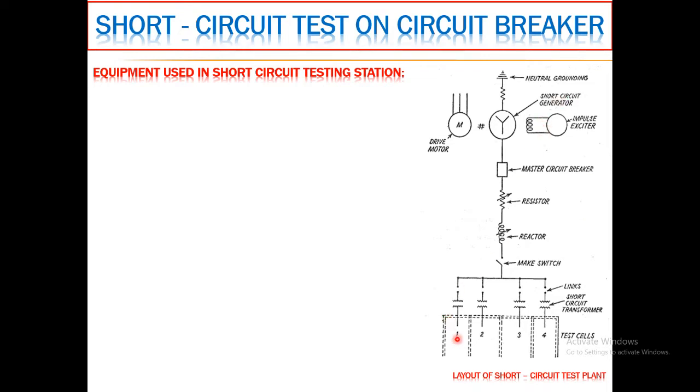Here I have represented a simple circuit arrangement of the short circuit testing station, which includes the short circuit generator, a driving mechanism, impulse exciter, master circuit breaker, variable resistors, variable reactor, making switch, capacitive links, short circuit transformers, and at the end a basement or housing where you place your circuit breakers and connect them to this plant to assess their rated characteristics.